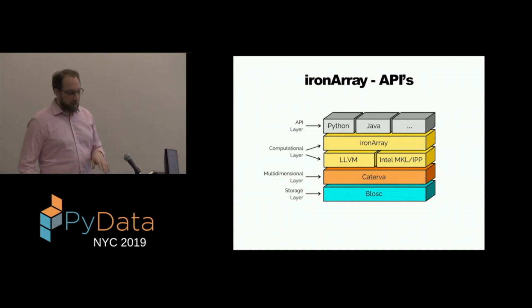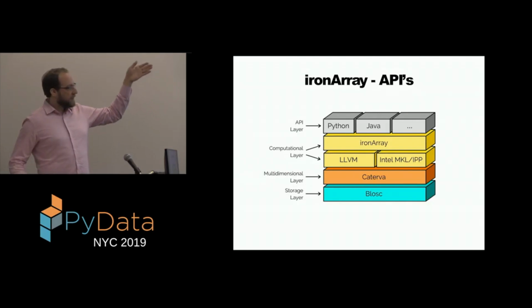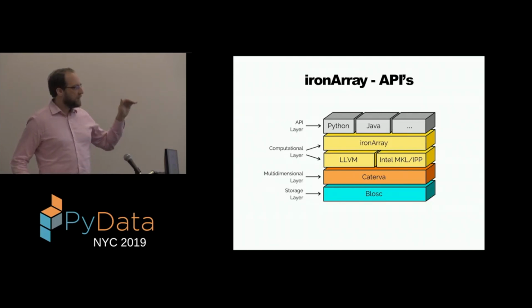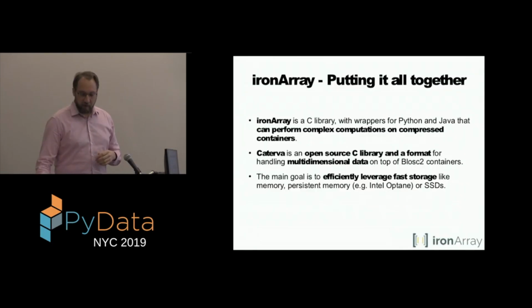So now completing this stack, because we were only talking about C code so far. All these layers are based on a C kernel, and what we really want to have is an API for the end users, and we also have that, especially important for this conference, Python, which is what Francesc is going to show you in a second.